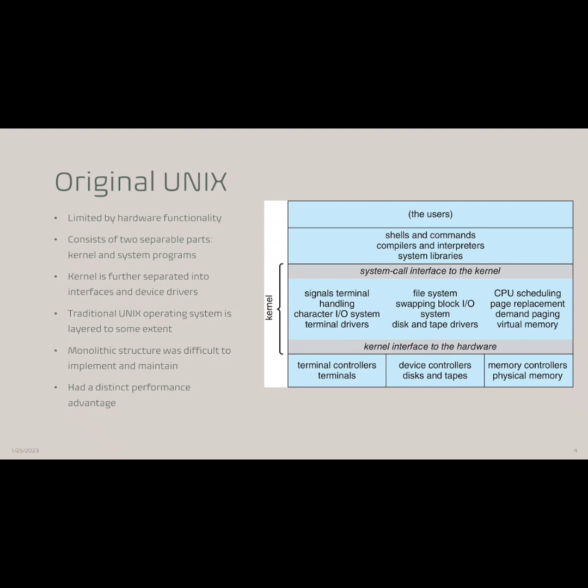This monolithic structure was difficult to implement and maintain. It had a distinct performance advantage, however: there is very little overhead in the system call interface or in communication within the kernel.